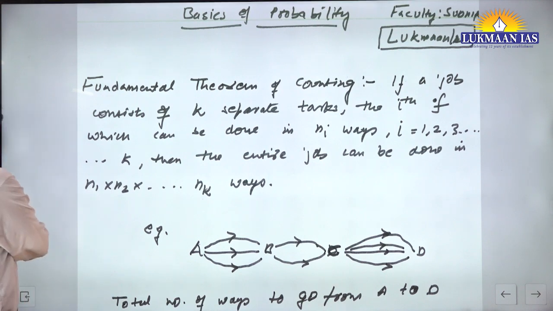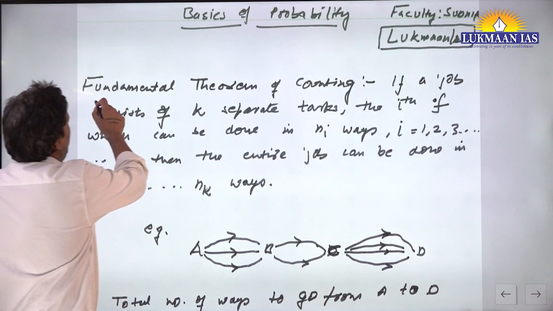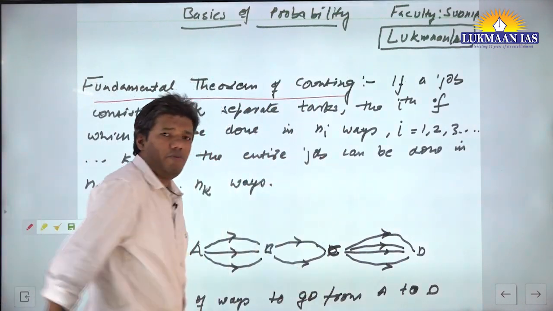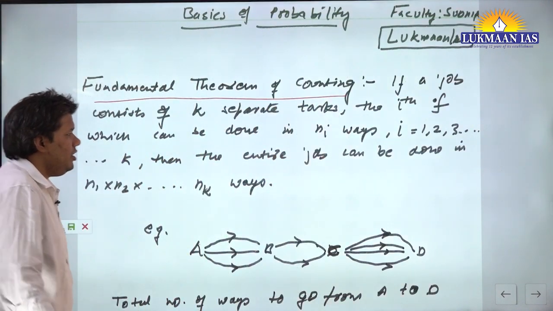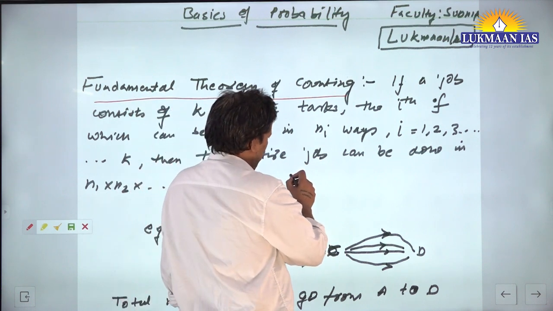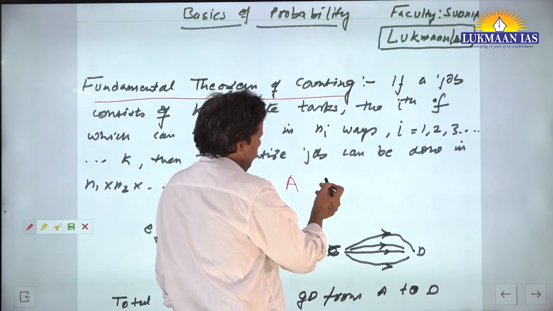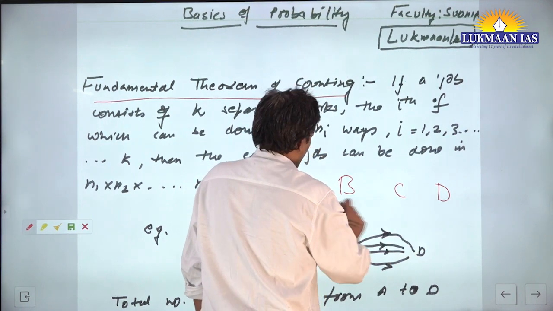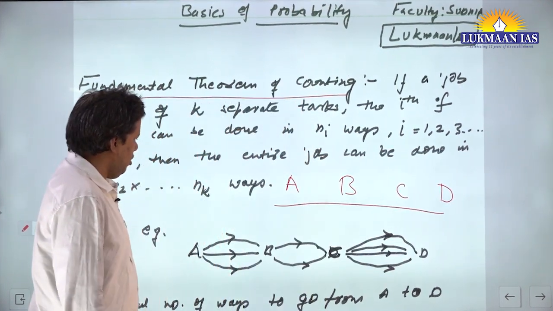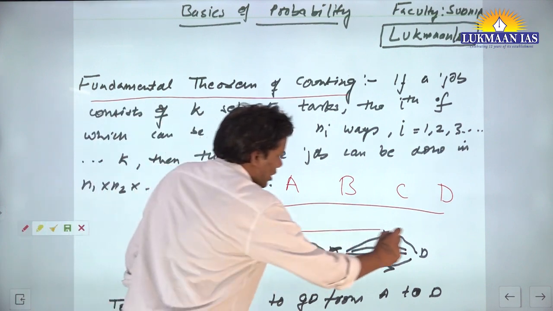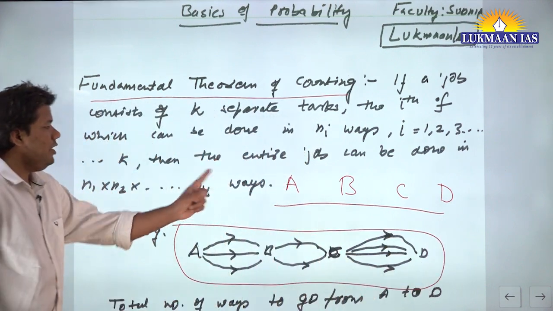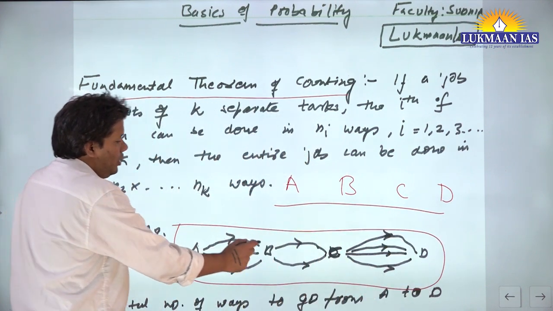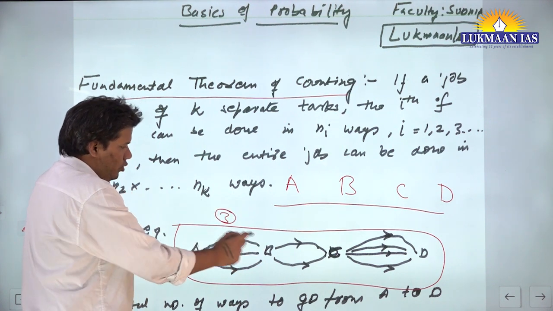So let's start. The first thing that comes is the fundamental theorem of counting. What the fundamental theorem of counting says: let's say there is a task which has 3 steps, A, B, C, D. Suppose you have to move from A to D. Then from A to B, there are 3 ways to go.